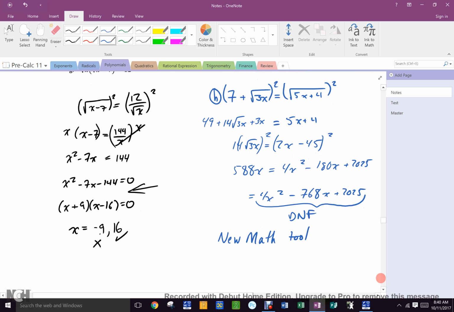And that new math tool is split into two. You either get your graphing calculator, which I'm going to teach you how to use if you don't, or you get something called the quadratic formula, which will solve this for you.